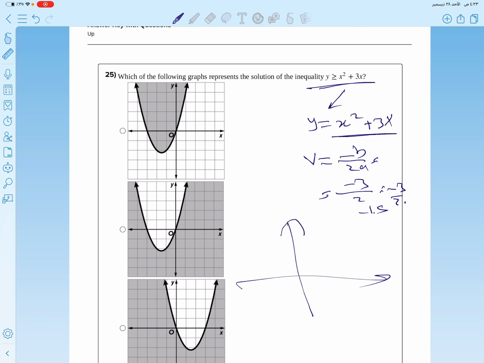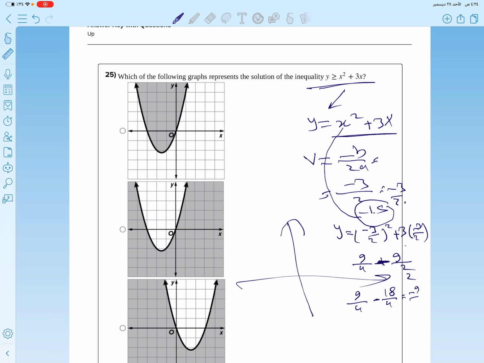Now I need to substitute this number in the equation, or in the function, sorry. So it's going to be y equals negative 3 over 2 squared, plus 3 times negative 3 over 2. Okay, 9 over 4 plus negative 9 over 2. We just need to multiply by 2 here. 9 over 4 minus 18 over 4 is going to be negative 9 over 4.